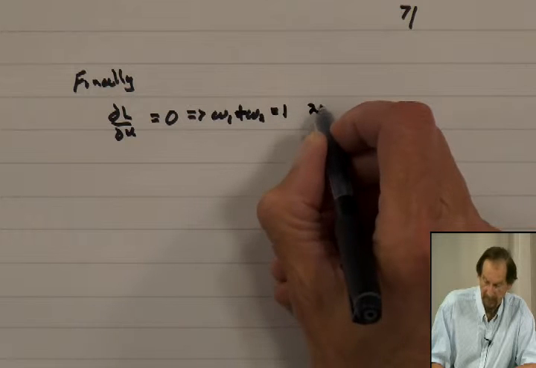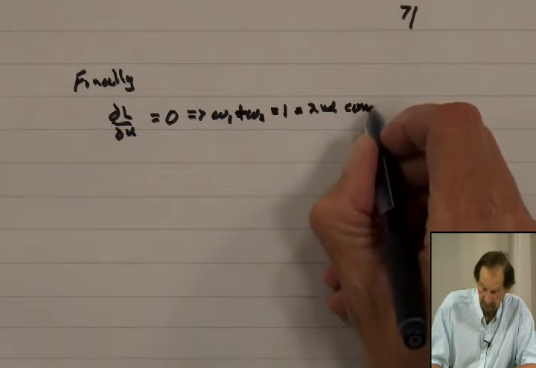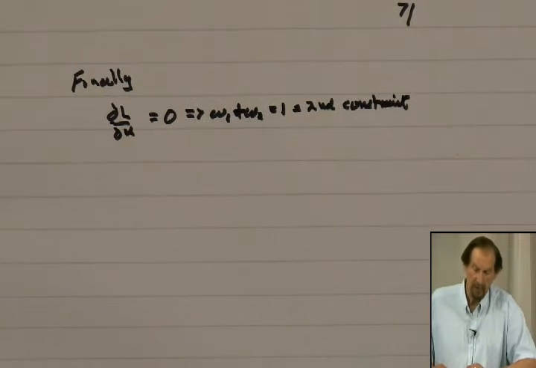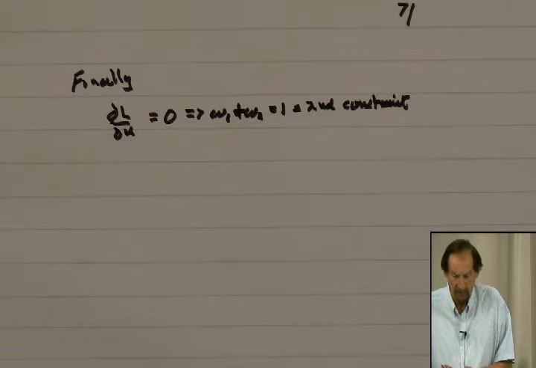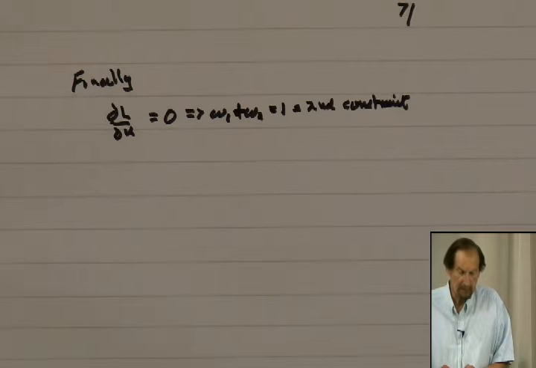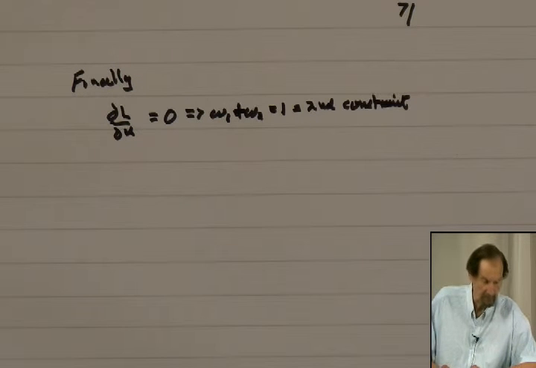This is our second constraint. In fact, when you take the partial derivatives of the Lagrangian with respect to the Lagrange multipliers, you always get the constraints back here.